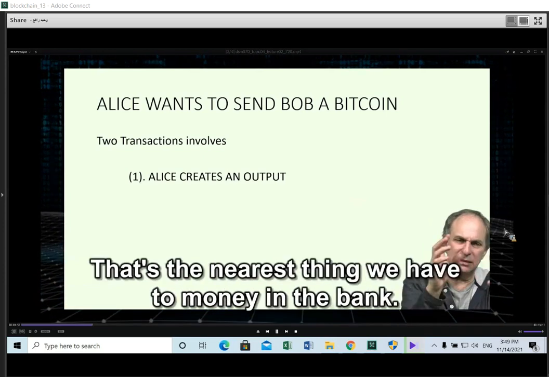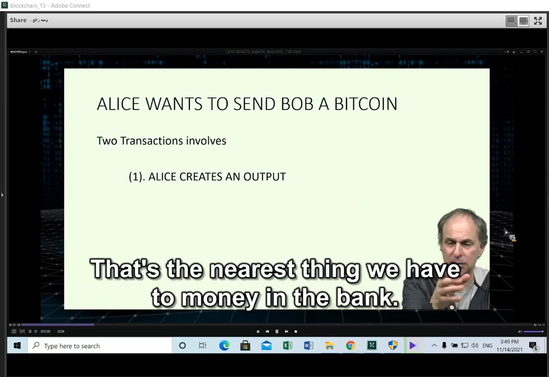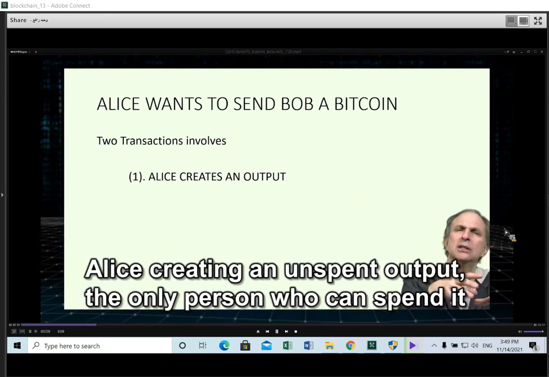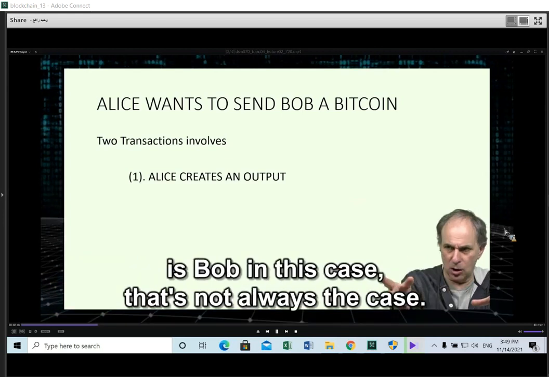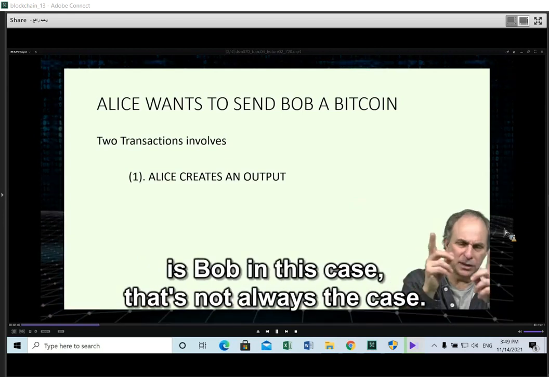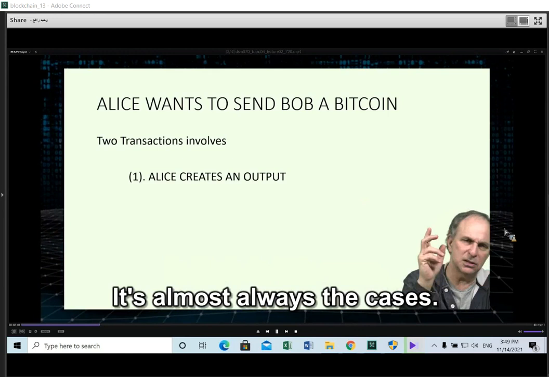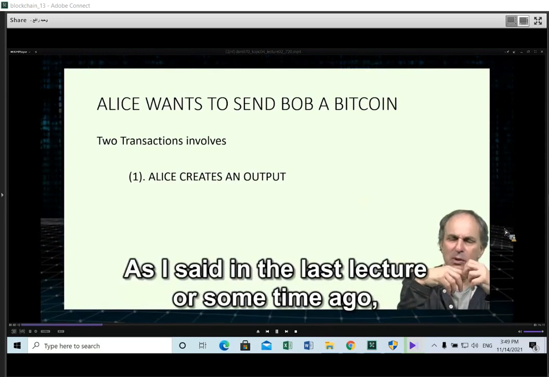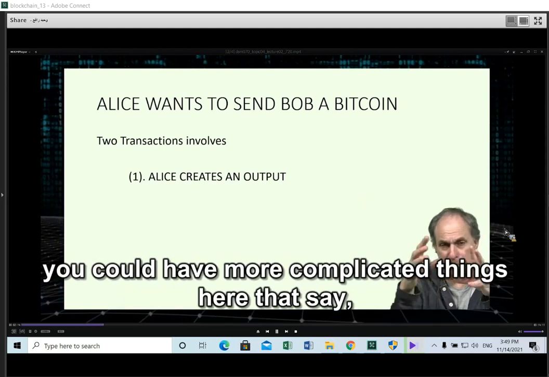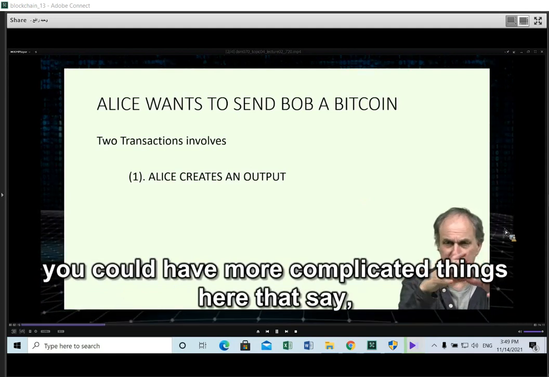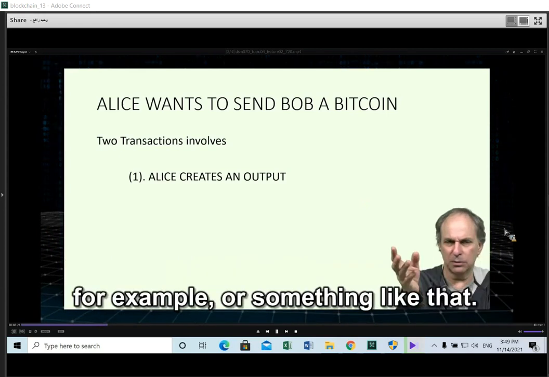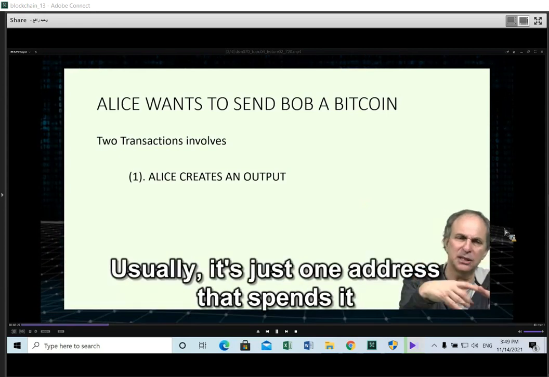Alice creates an unspent output, and then to spend it, Bob creates an input, and the input is going to have in it the information to prove that Bob is a person who could spend the output. Then he makes a transaction later that spends that output.